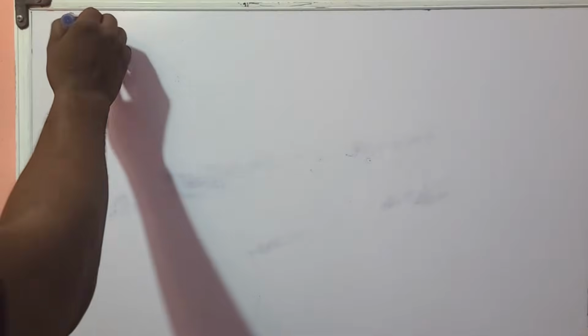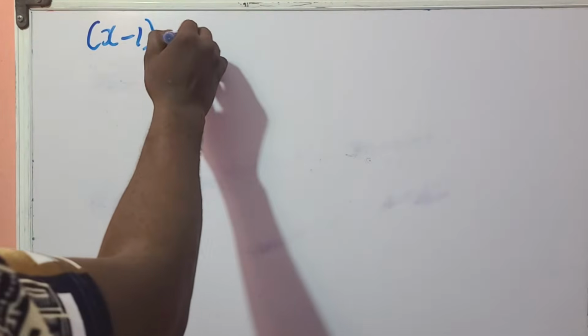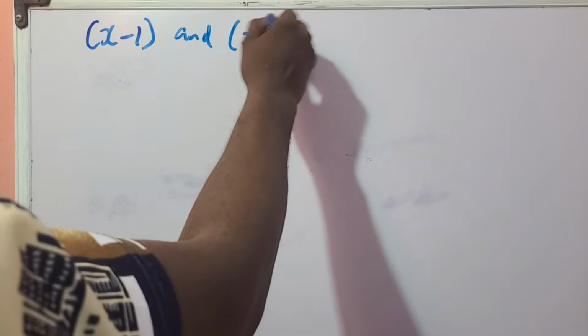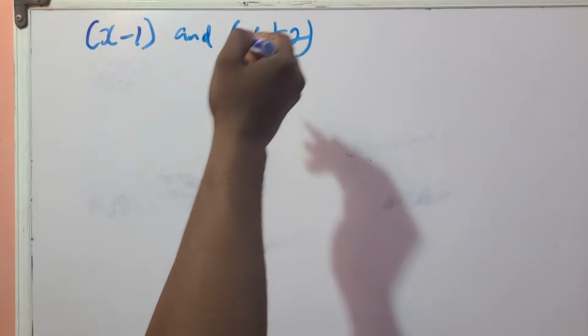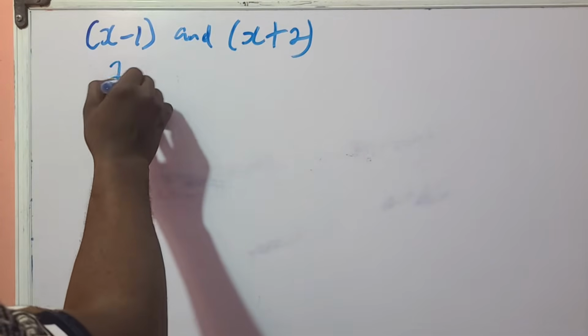So the first question said, determine the respective values of P and Q if x minus 1, x minus 1, and x plus 2 are factors of this particular polynomial.